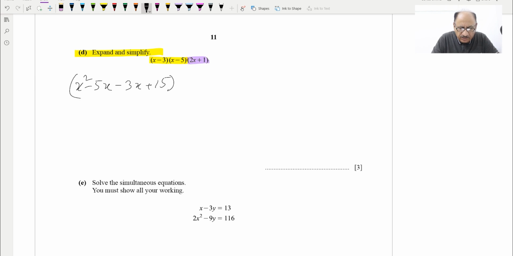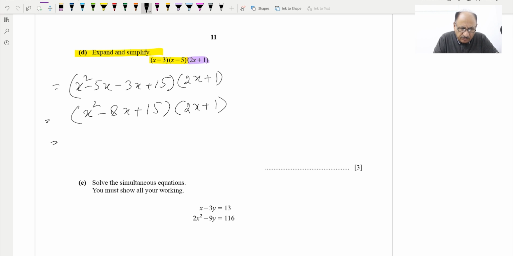I'll put the second part in brackets as it is, the third part as it is, and now we can add the like terms, so x square minus 8x plus 15 into 2x plus 1. Now we need to open the bracket.